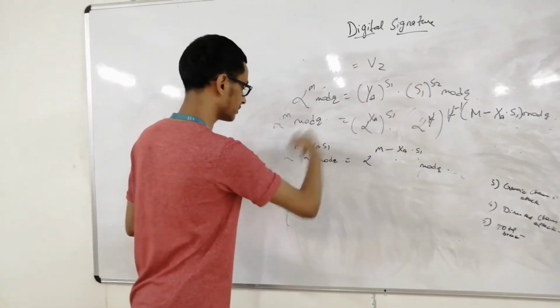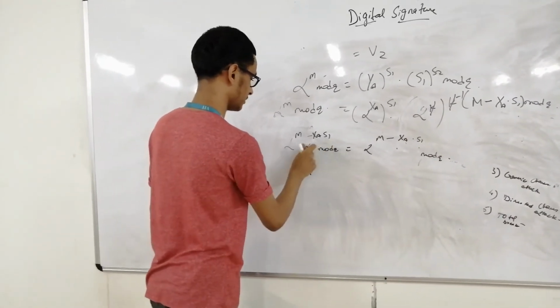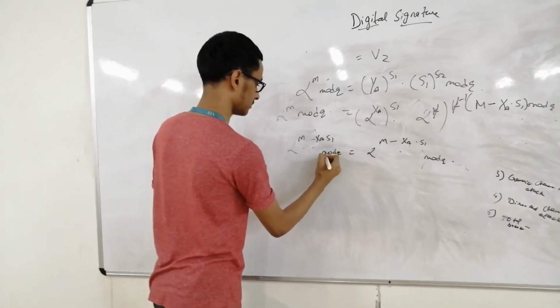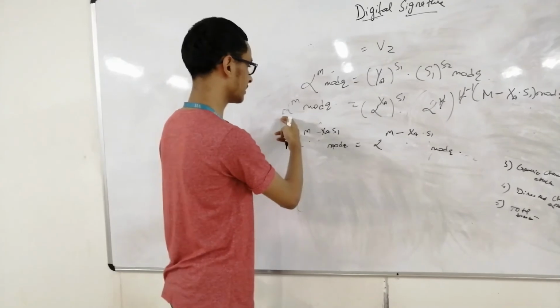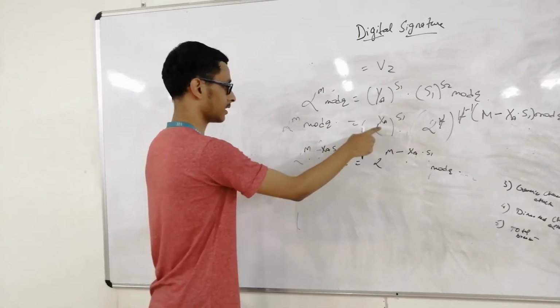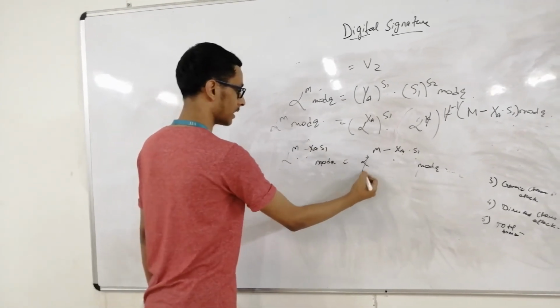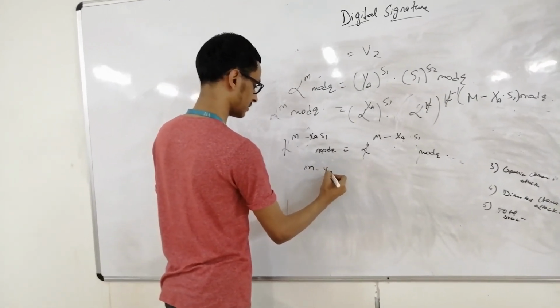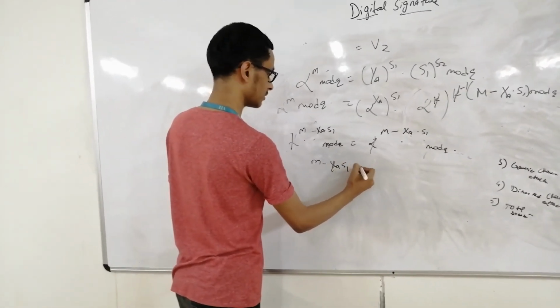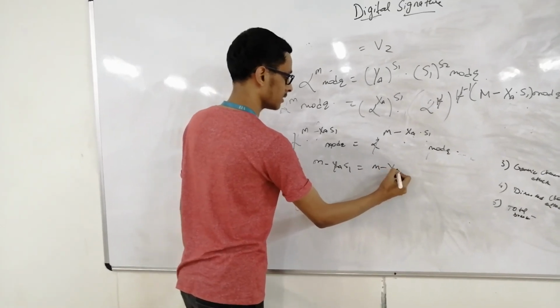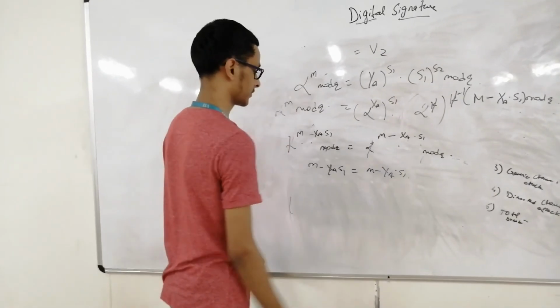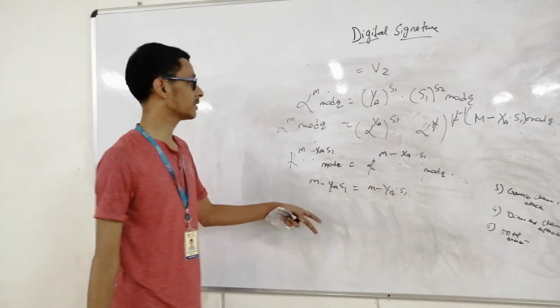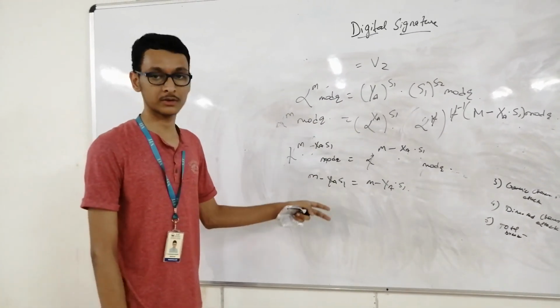This is minus because it comes to this side, and since they both have the same base, the powers will get added and it will be negative. So alpha and alpha will get cancelled. We will be left with m minus xa S1 is equal to m minus xa S1. Again, these both are the same and it proves that V1 is equal to V2.